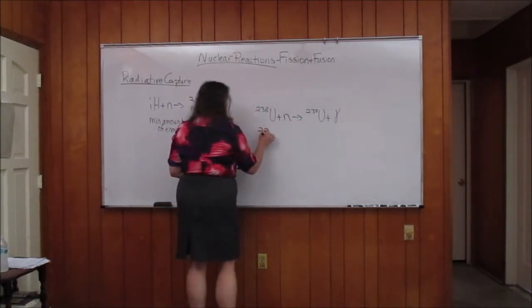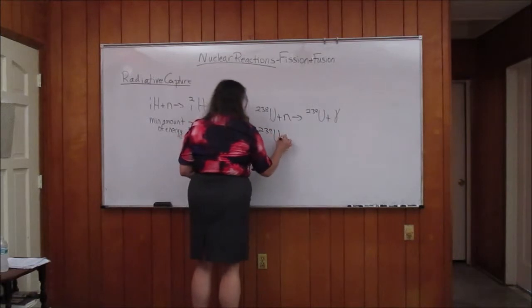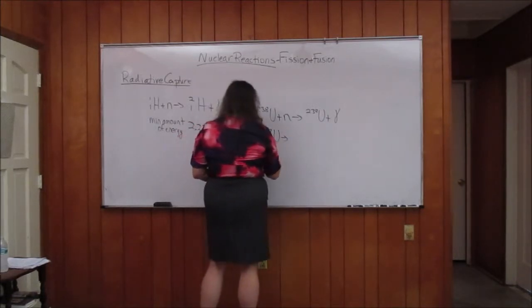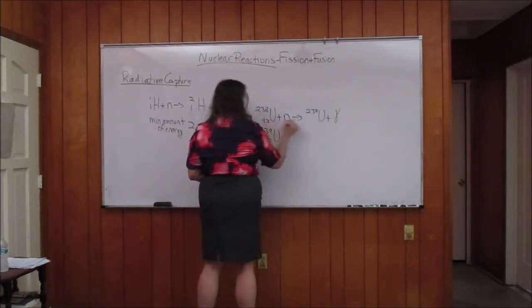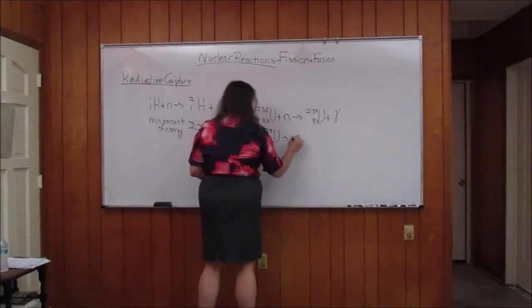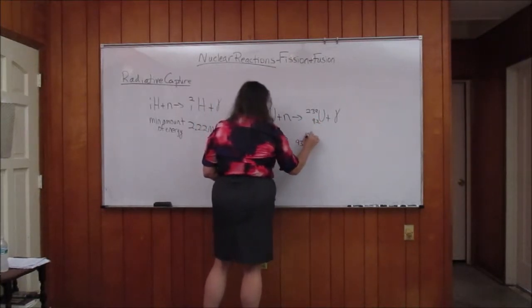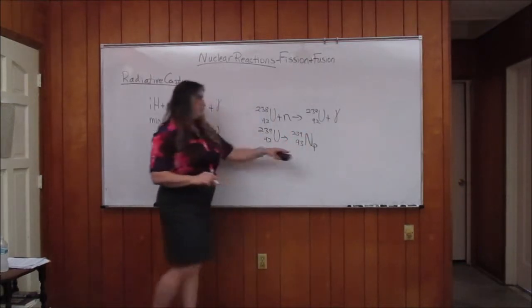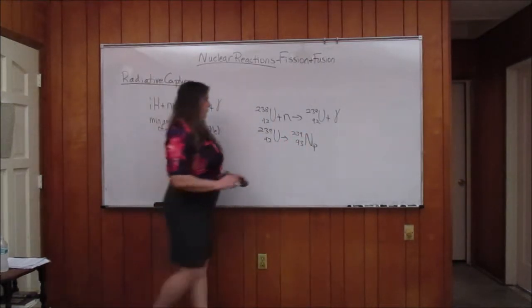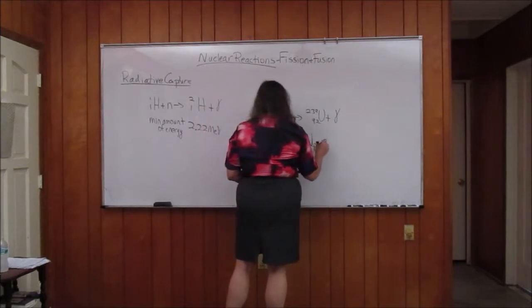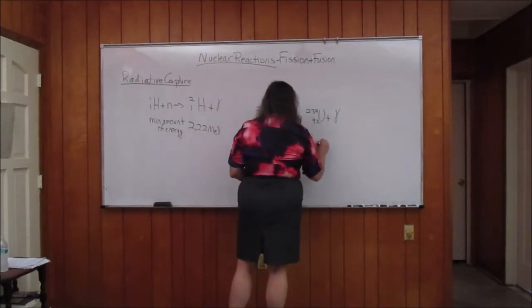Uranium-239 is a beta emitter, and it turns out the daughter nucleus of this process is going to be Neptunium-239.